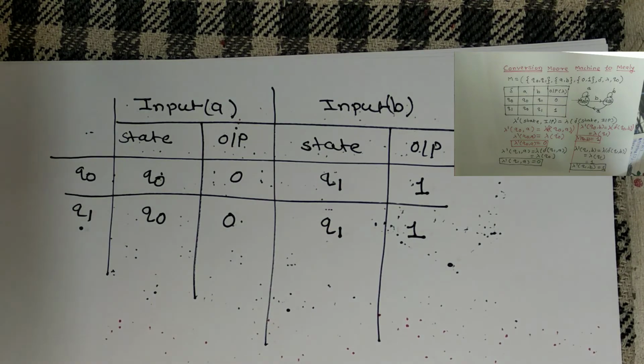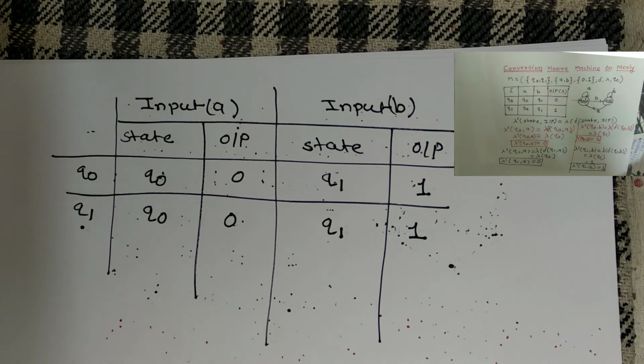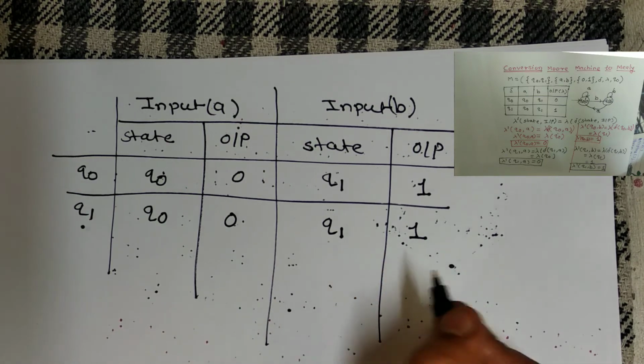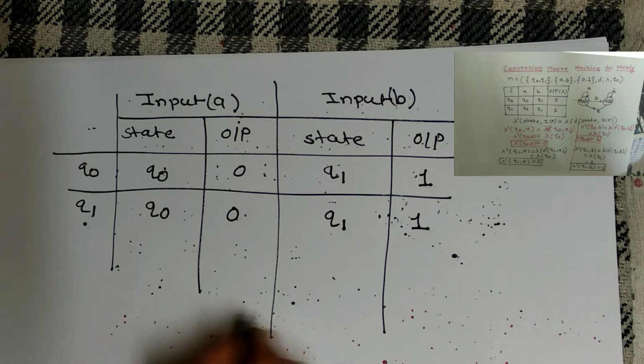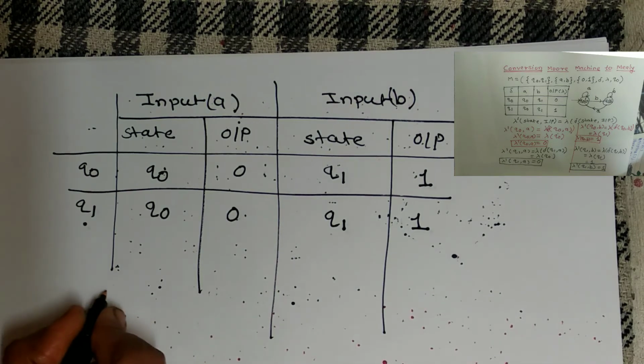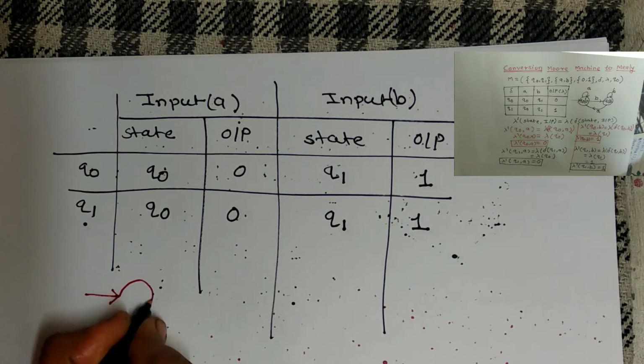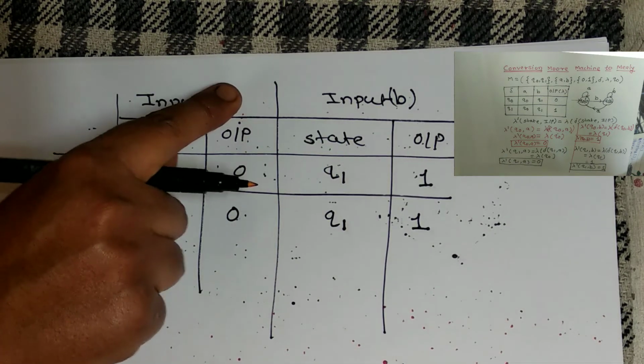Now the last step is to draw the Mealy machine from this transition table. See how to draw the Mealy machine. From which state did we start? We started from Q0. Q0 by taking A goes where?